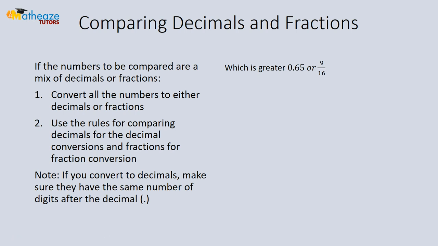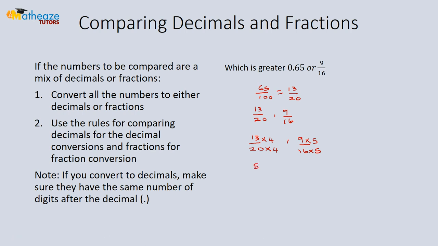So this is going to give us 65 over 100, which is 13 over 20. So now I'm comparing 13 over 20 and 9 over 16. Just looking at this right here, our least common denominator is going to be 80. So 13 over 20, I want to get to 80, so I multiply this by 4, I multiply this by 4. 9 over 16, I want to get to 80, multiply this by 5, multiply this by 5.